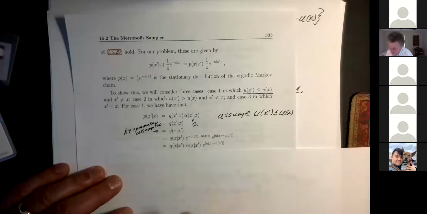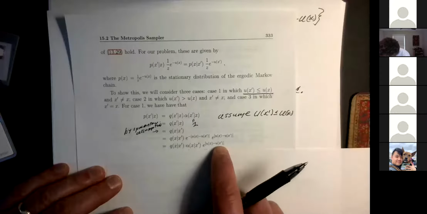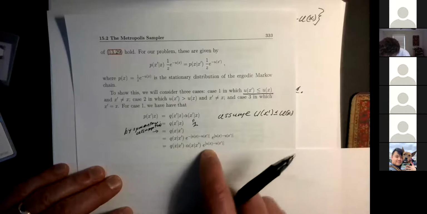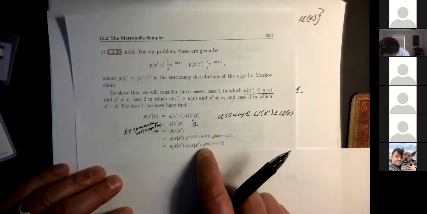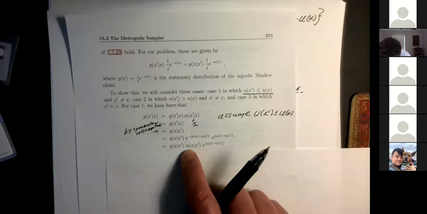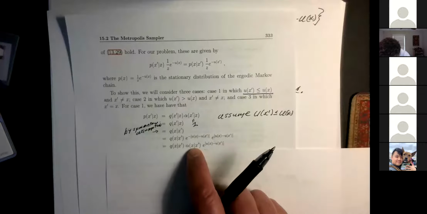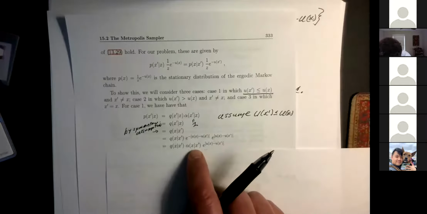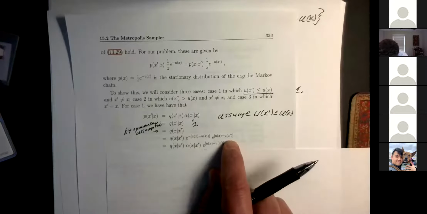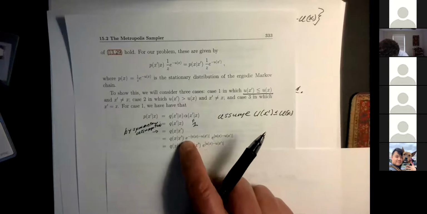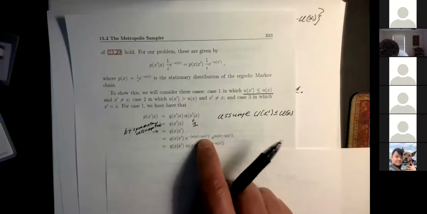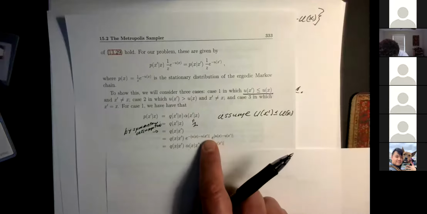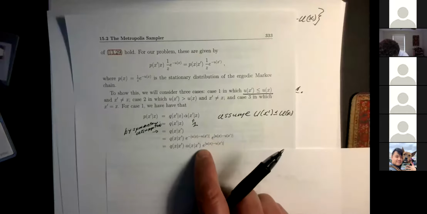So now, e to the minus U of x, this thing is the acceptance probability.